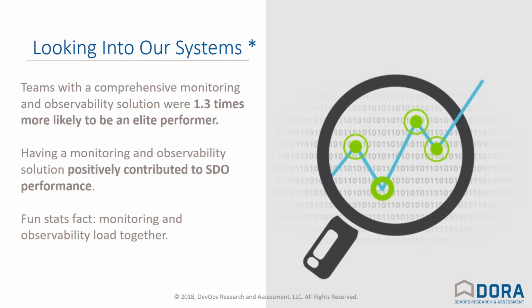It's kind of like caveman understanding. But regardless of whether you distinguish monitoring and observability as distinct, you are 1.3 times more likely to be an elite performer if you do that. In my mind this is obvious: when you are deploying and fixing things, it helps to see what you're doing, and you can't do that without monitoring.